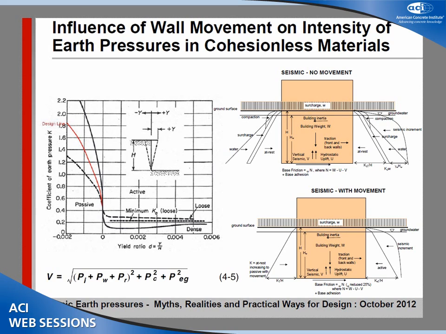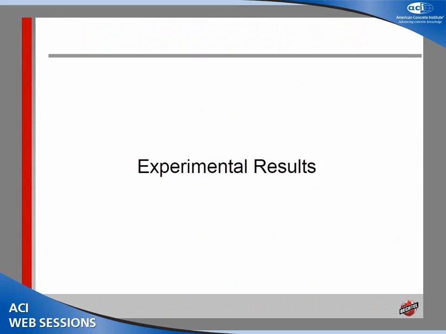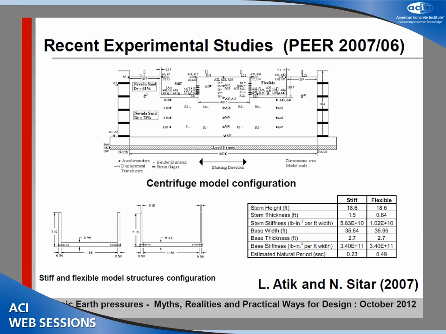If these driving forces are larger, then you will have to redo the analysis, assuming now that you had active conditions, and then design for that. So that will be the standard practice.